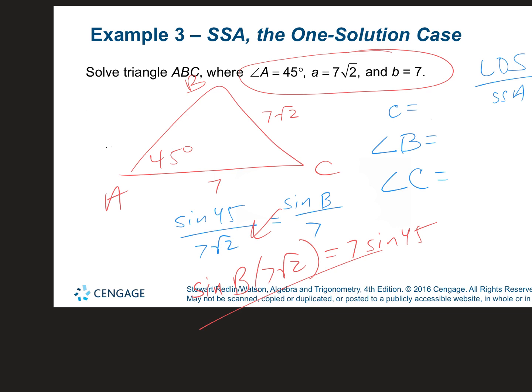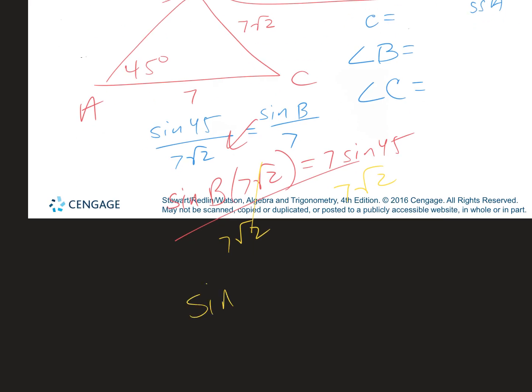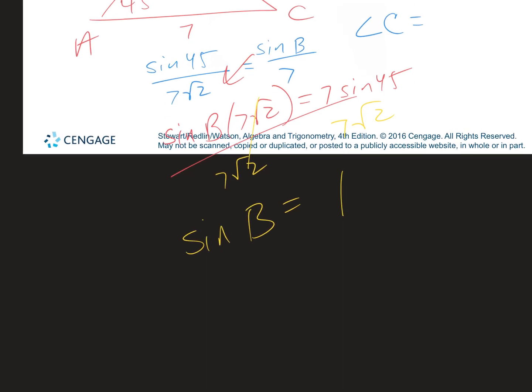Divide both sides by 7 root 2. Go ahead and do it in your calculator. So you get the sine of B equals 7 sine 45 over 7 root 2. My calculator just ran out of batteries. Anybody? I should get the whole number 1? Yeah, okay, so you got the whole number 1. So then what's the second answer? What's angle B?